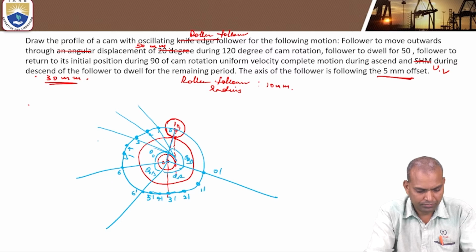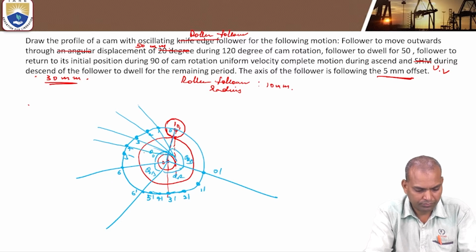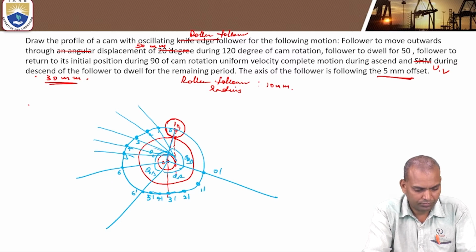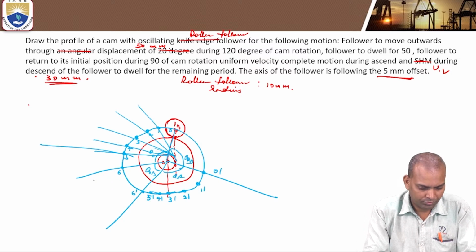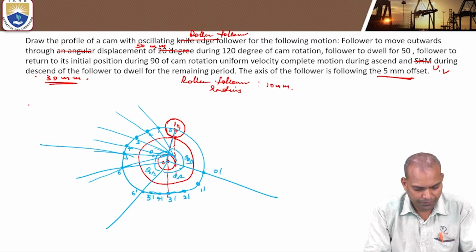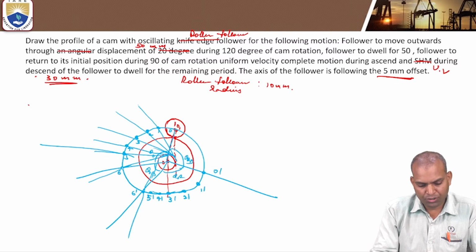So 3. Six. Similarly, these lines should pass through it.